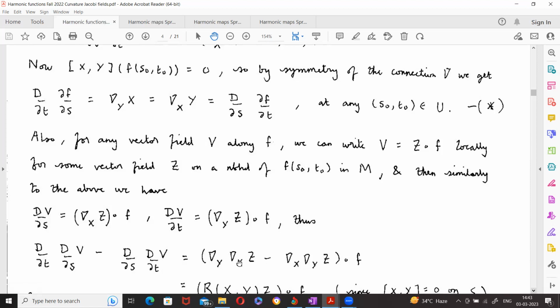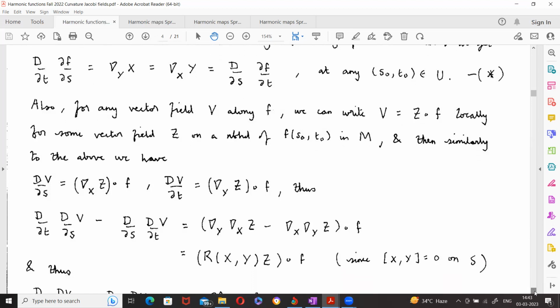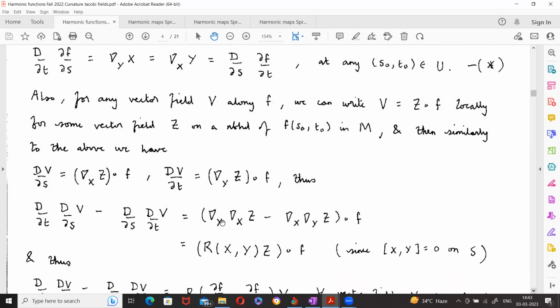It will be nabla_Y nabla_X Z minus nabla_X nabla_Y Z. But now nabla sub bracket [X, Y] is 0. I mean, the bracket of X and Y is 0 on S. So this becomes what? This becomes the curvature of the Levi-Civita connection applied to Z, right? R(X, Y)Z, composed with f.